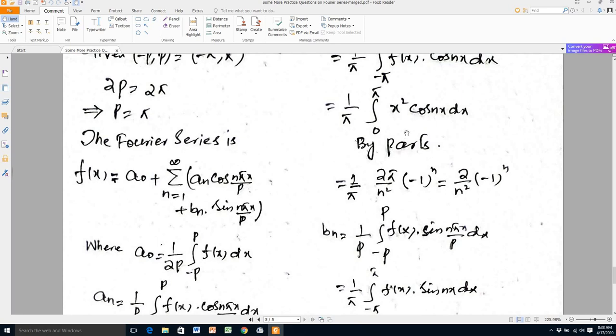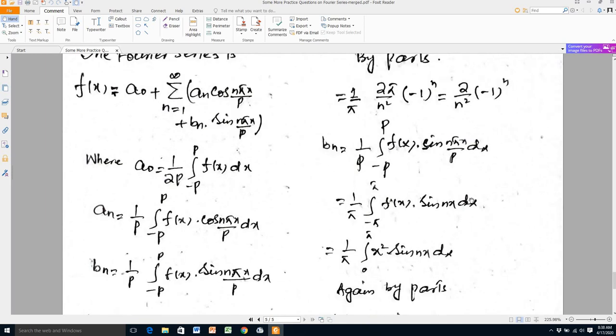You do its integration by parts by yourself, and if you get this answer, it means your answer is right. If you are not able to reach this answer, it means there is some problem. Take a picture and send it to me via WhatsApp, then I will tell you where your error is.